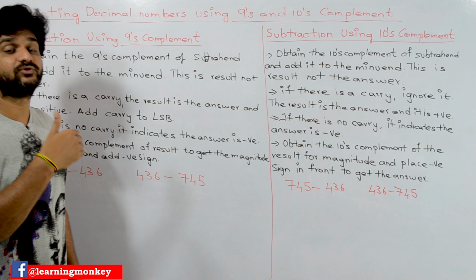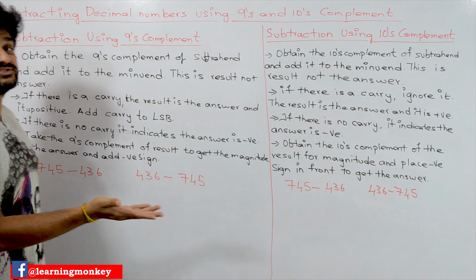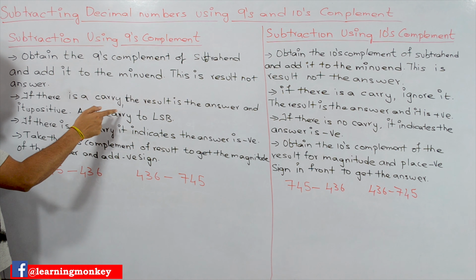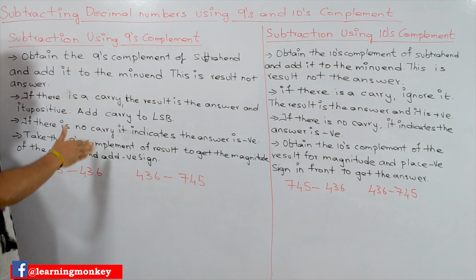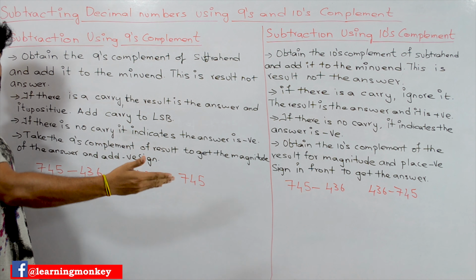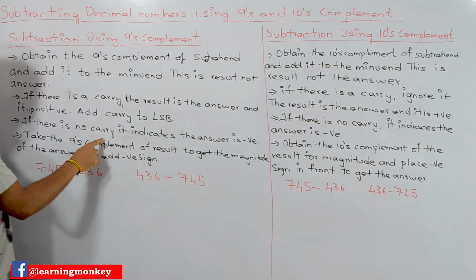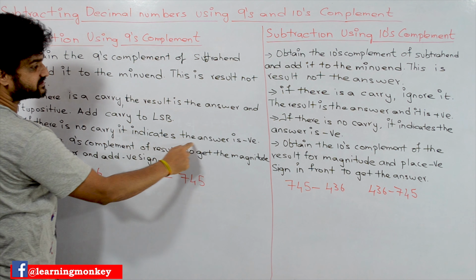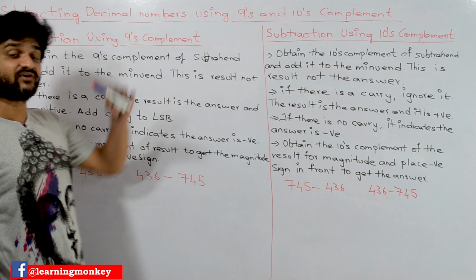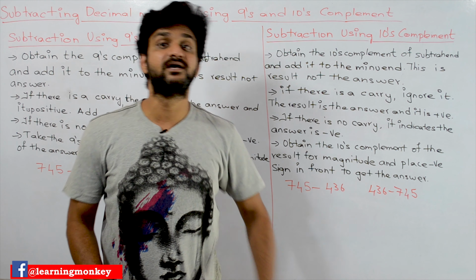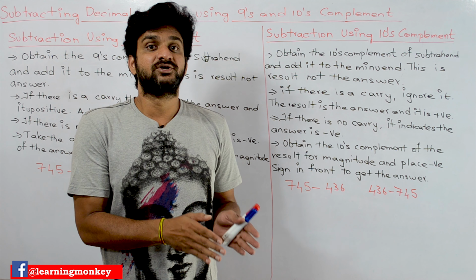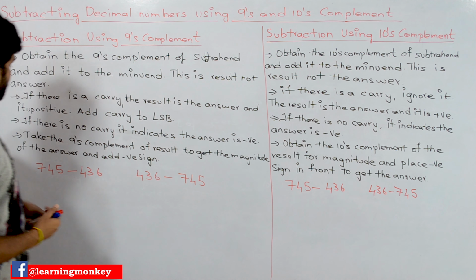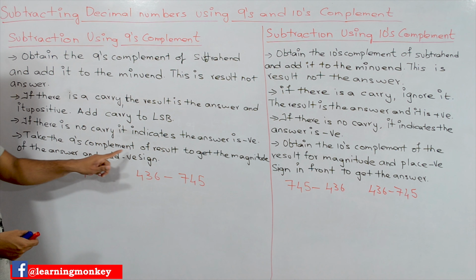We have seen what to do if there is a carry. If there is no carry in the result, it indicates that the answer is negative. So what we have to do is take the 9's complement of the result.